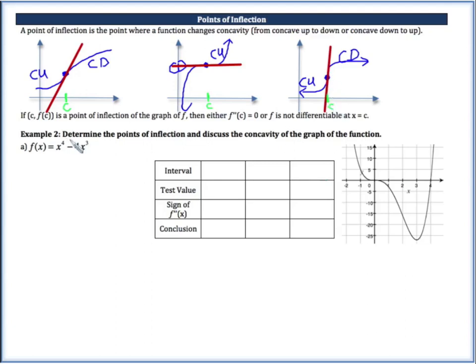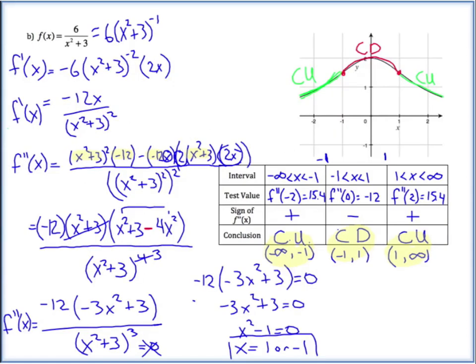Let's look back at some of our other examples, because we were dealing with concavity. Remember, a point of inflection is where we switch from concave up to concave down or concave down to concave up. In this graph right here, it's where we switch from concave up to concave down.